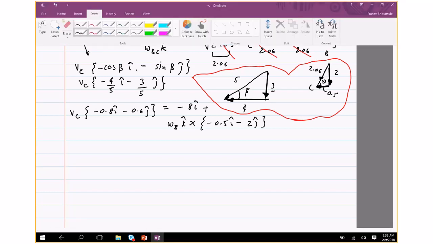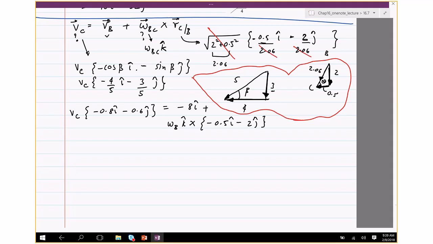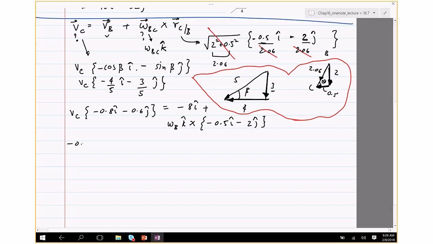Okay, so minus 0.8 VC I minus 0.6 VC J equals minus 8I plus omega BC times 0.5. K cross I is going to be J, so minus J, and then 2 omega BC. Then I multiply this with this.